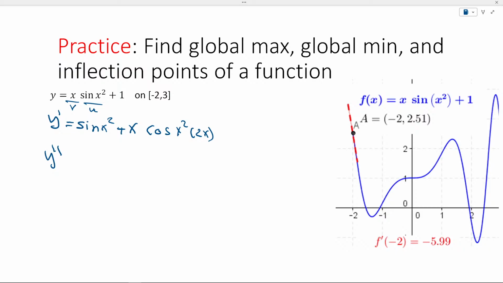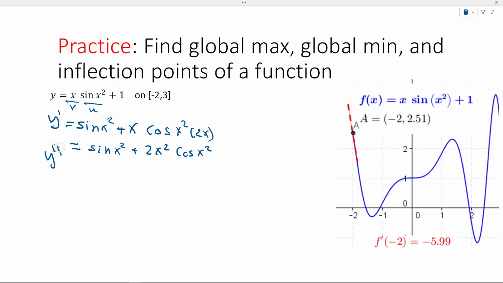So that would be x, yeah, cosine x squared. So I can simplify this to sine x squared plus 2x squared cosine x squared, yeah.